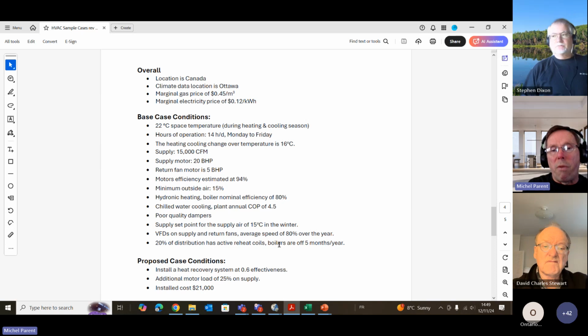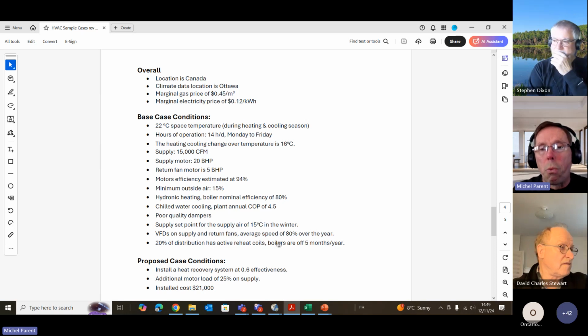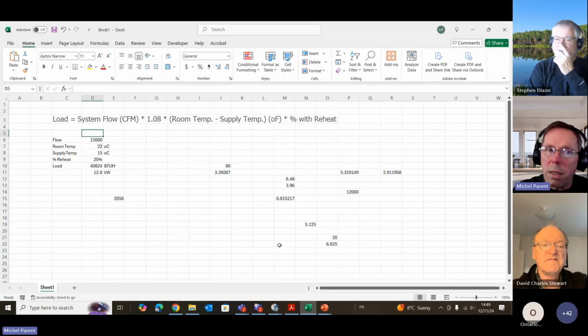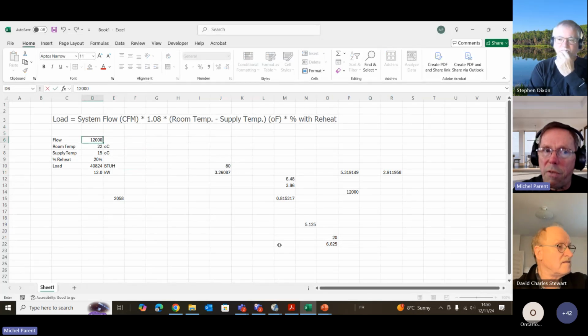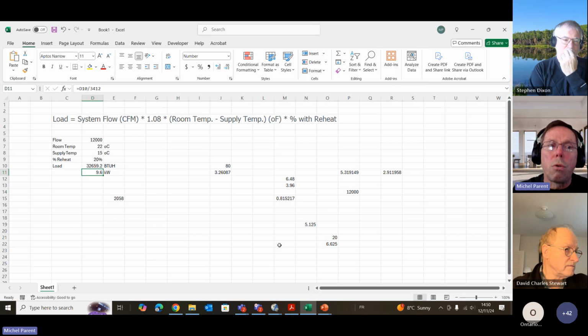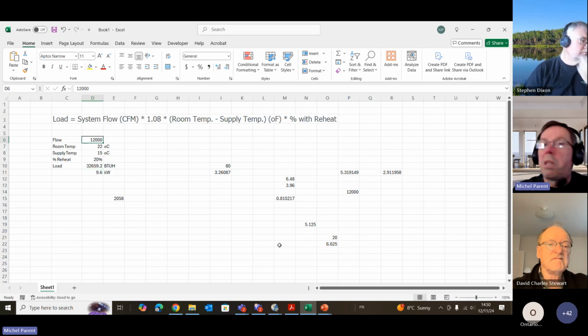So same case as before with the same temperature, with the one distinction that our flow is not 15,000 CFM. It is 12,000 CFM because we have to use the average. If you say, oh, I know my average flow in the winter is a bit lower than in the summer, you could actually use a flow here that could be 10,000 CFM.